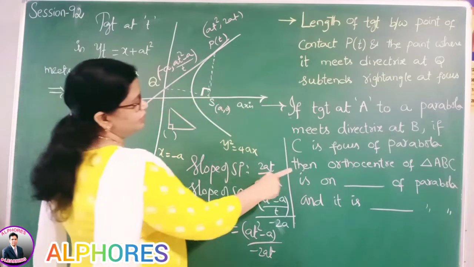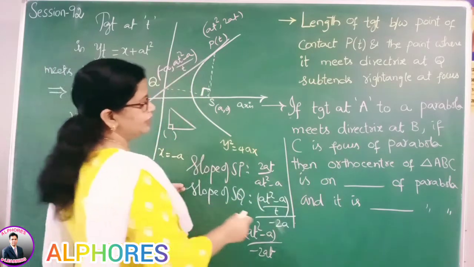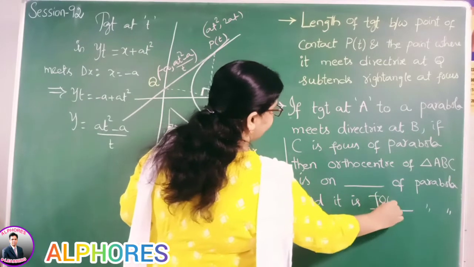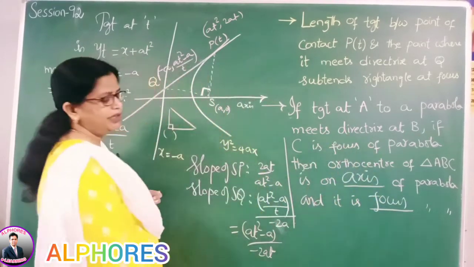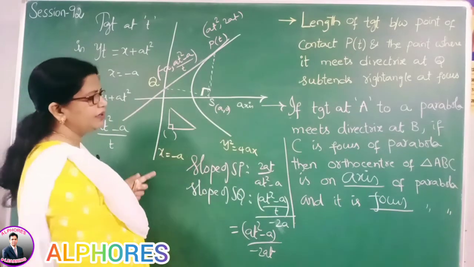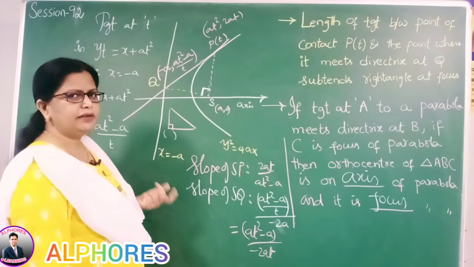So what is the orthocenter? The orthocenter is nothing but the focus, and the focus always lies on the axis of the parabola. Therefore the orthocenter is on the axis of the parabola, moreover it is nothing but the focus of that parabola.